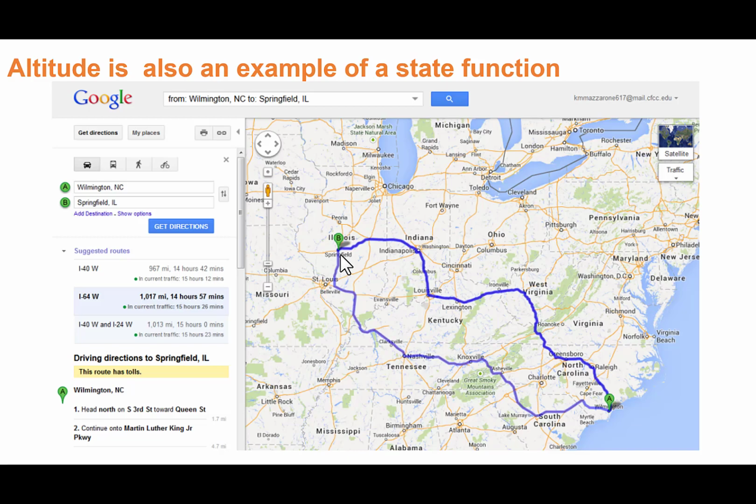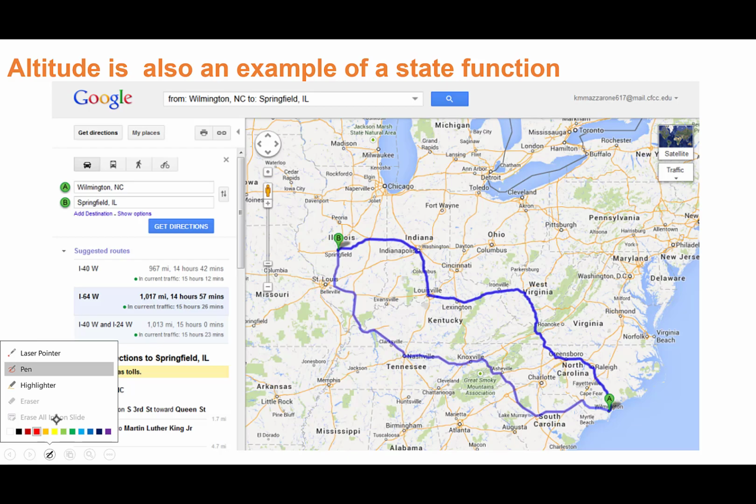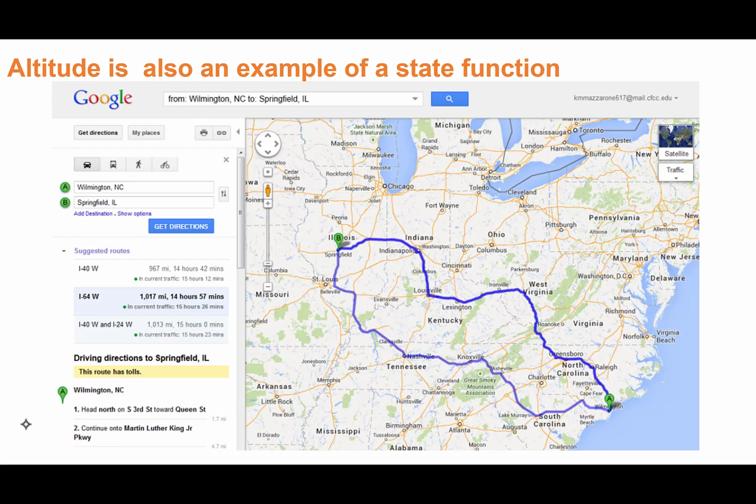In Springfield, it's 112 feet above sea level. Okay, when I'm traveling from Wilmington to Springfield, all I care about is my change in altitude. Change in anything is always going to be final minus initial.